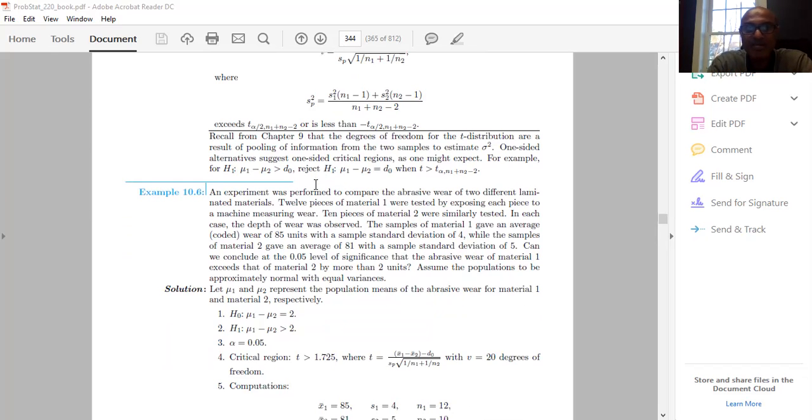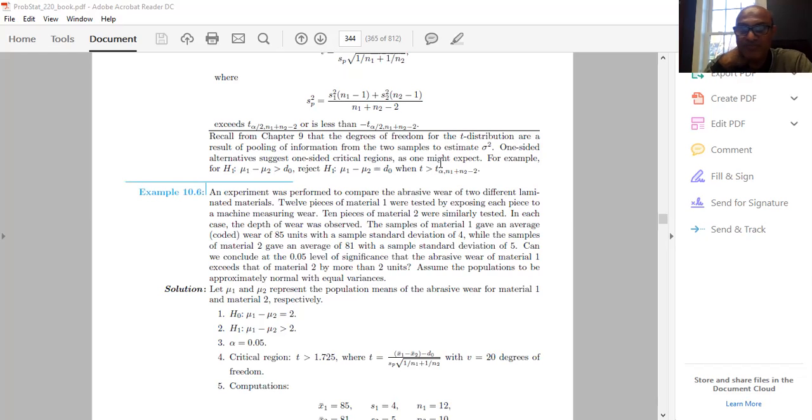It says that the experiment was performed to compare the abrasive wear of two different laminated materials. 12 pieces of material 1, N1 equal to 12, were tested by exposing each piece to a machine measuring wear. 10 pieces of material 2, N2 equal to 10, were similarly tested. In each case, the depth of wear was observed.